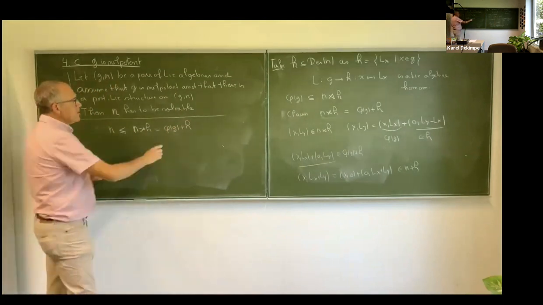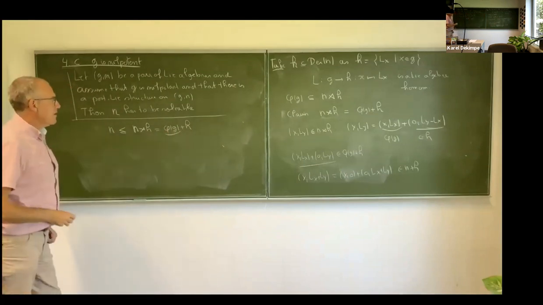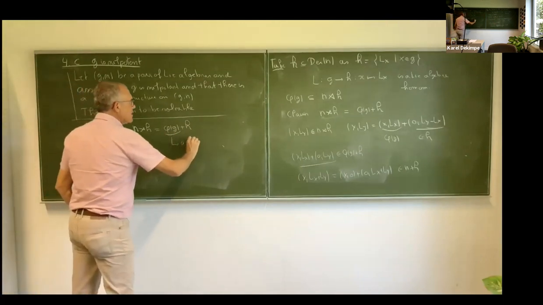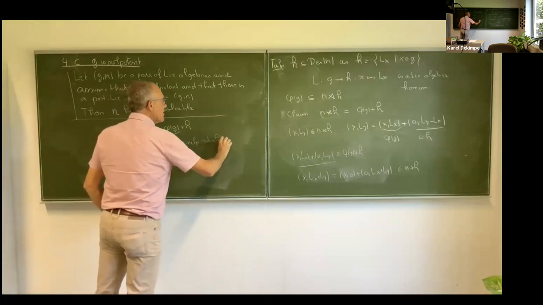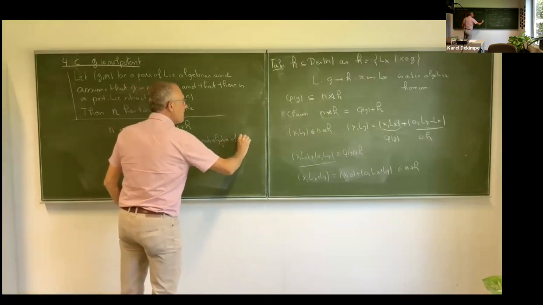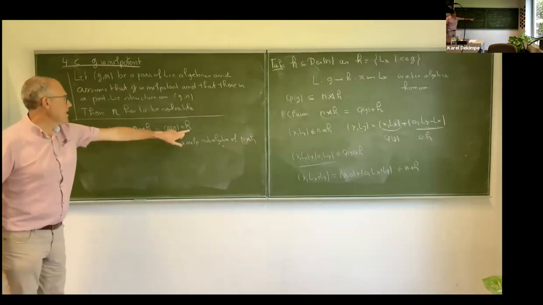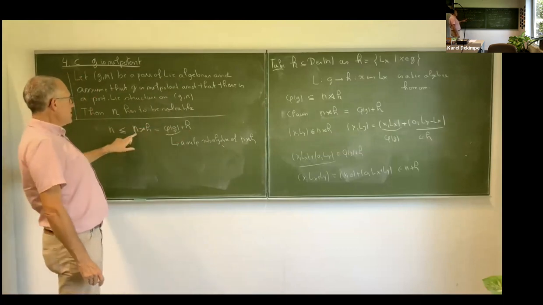But now g is nilpotent, and phi is a morphism of Lie algebras. So this is a nilpotent subalgebra of n semi-direct h. But also h is a homomorphic image of g, a subalgebra of a semi-direct product.